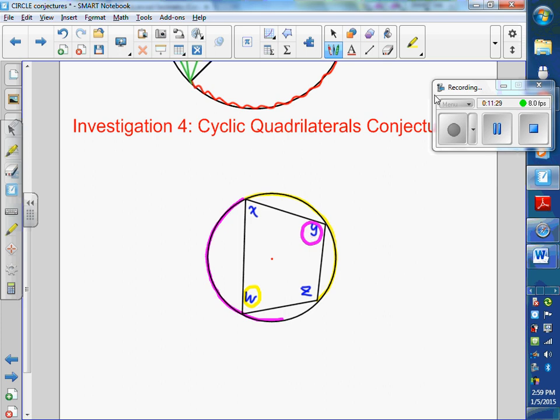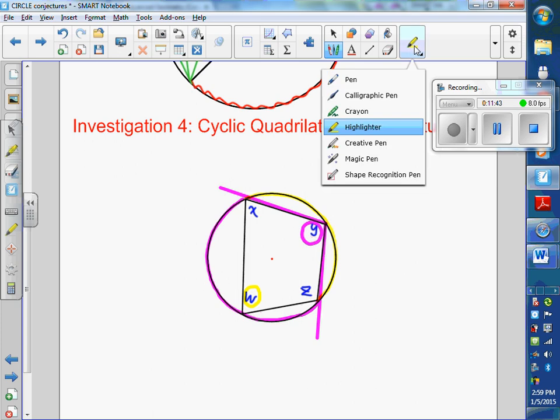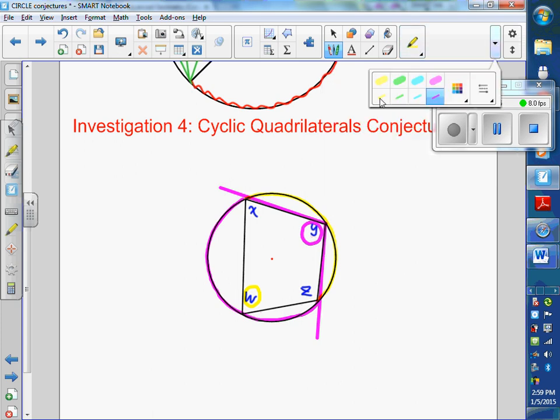And if you're not sure where I'm getting that, just trace the sides of angle Y, and they cut off the pink arc. And if you trace the sides of angle W, they cut off the yellow arc.